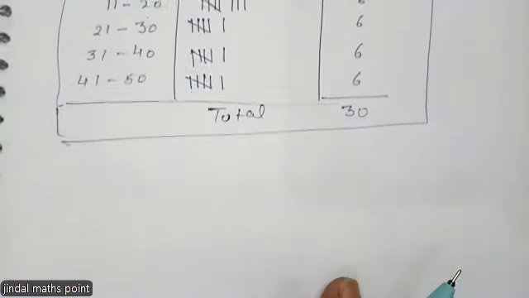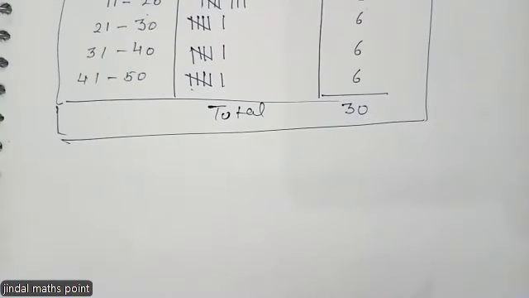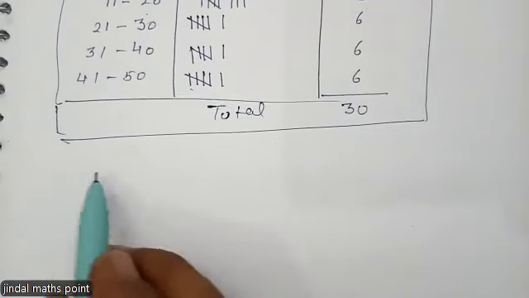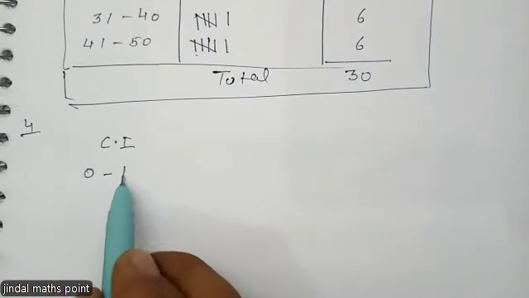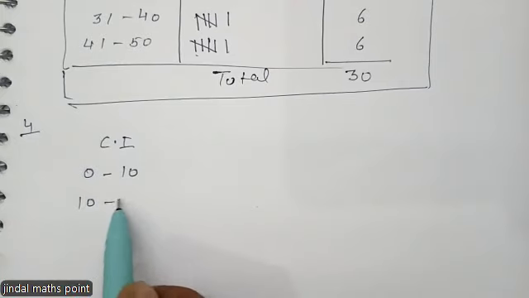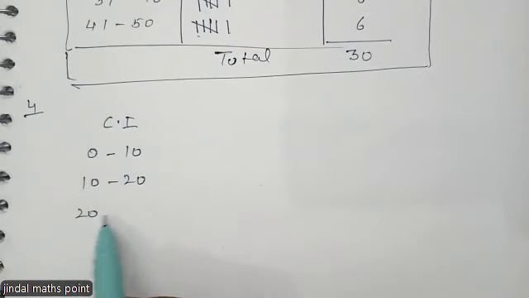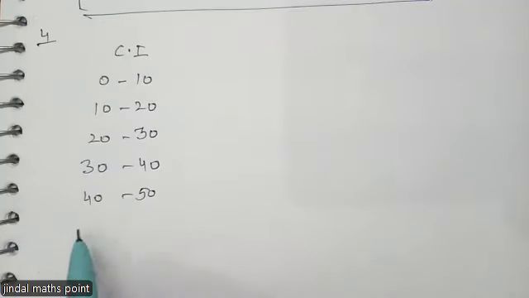Okay, I can draw. The highest value here is 50. Here, class interval, fourth sum: 0 to 10, 10 to 20, 20 to 30, 30 to 40, 40 to 50, and also 50 to 60.